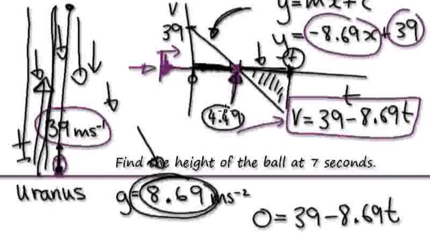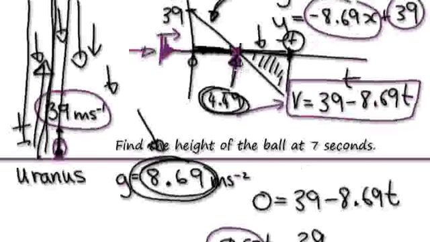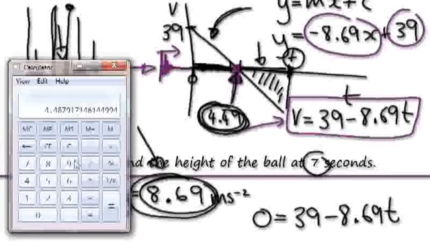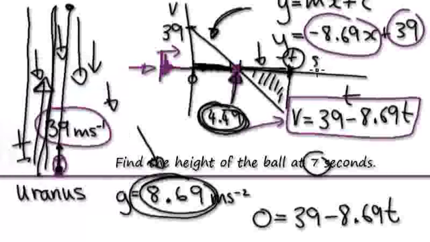Okay, where were we? We've got the time it takes to get from here to here. Now remember, we are trying to find out at 7 seconds. If you multiply this by 2, 4.49 times 2 equals 8.98.